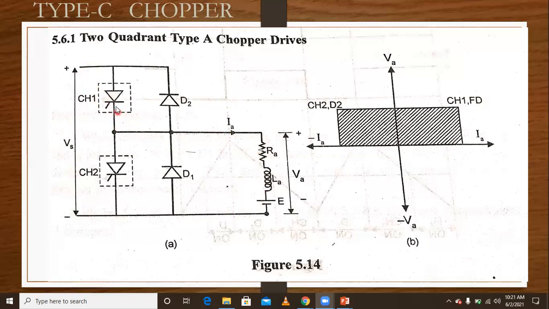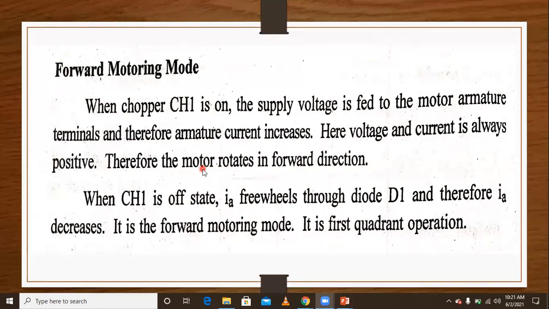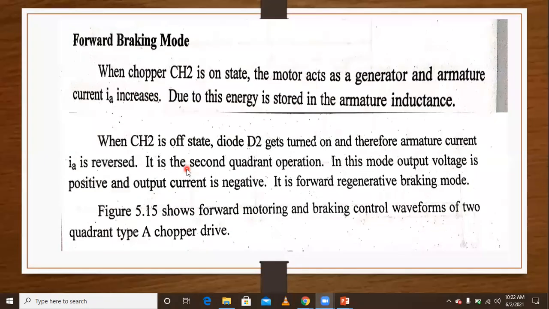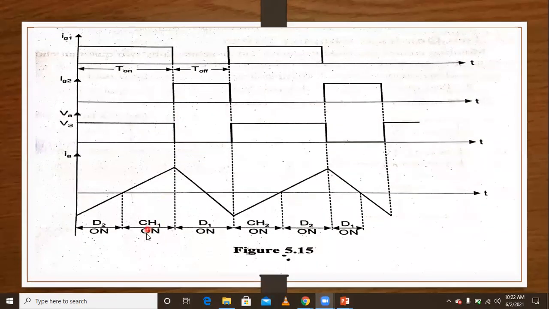When chopper H1 is on, the machine is connected across the supply, like this. Then the armature current increases. Understood? The armature current increases when chopper H1 is turned on.